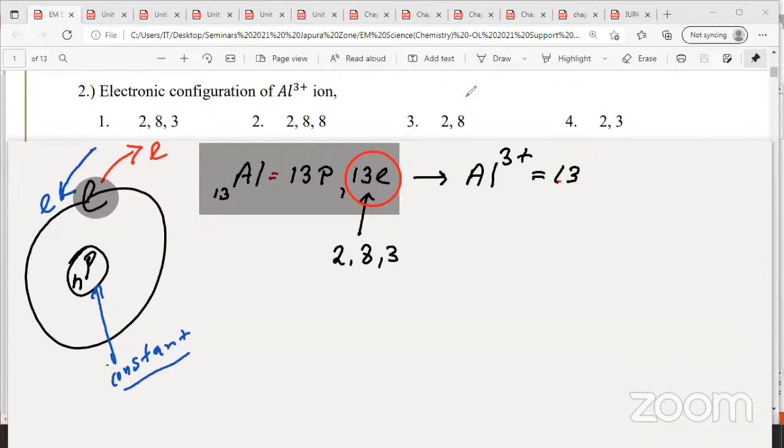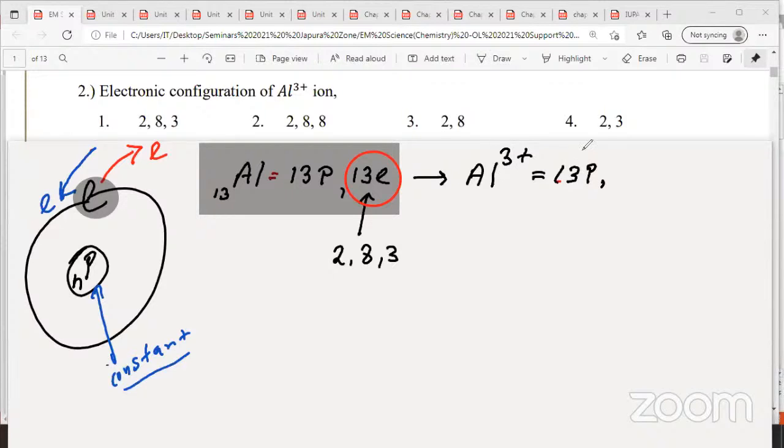This is like your NIC or your identity. No other element in the periodic table has atomic number 13 other than aluminium. It is a unique characteristic of the element. Even in isotopes, atomic number is not going to change. If atomic number does not change, the proton number also does not change.